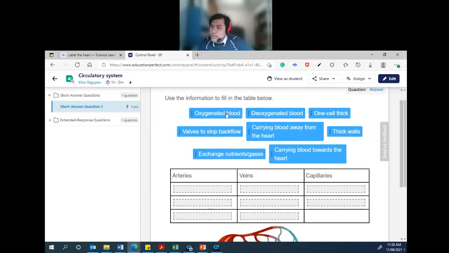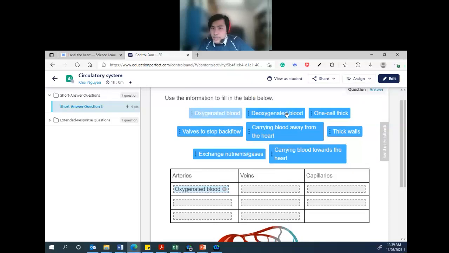Would it go in arteries, veins, or capillaries? Katie said arteries. Let's try that. Now we don't know the answer until later, so let's put that there for now.